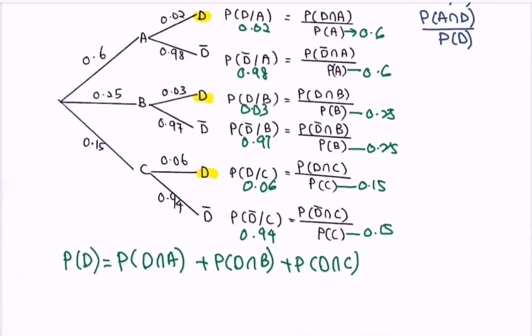Notice that in order to find the probability of D intersect A, we have to cross multiply, which is the probability of D given that A has occurred, multiplied with the probability of A. Repeat the situation.